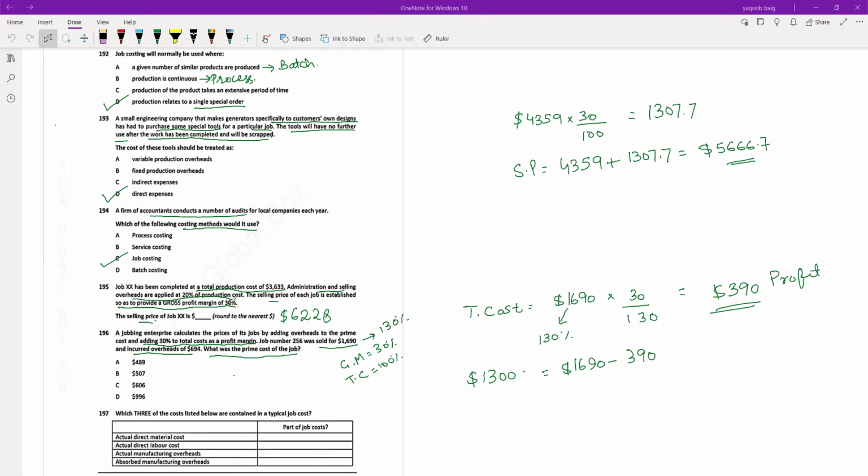Then it includes overheads of 694. Prime cost is equal to 1,300 minus 694, 606.